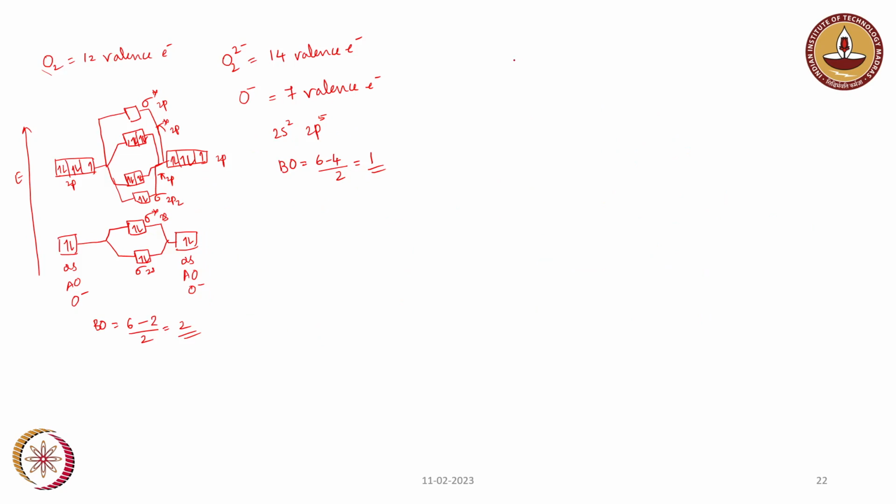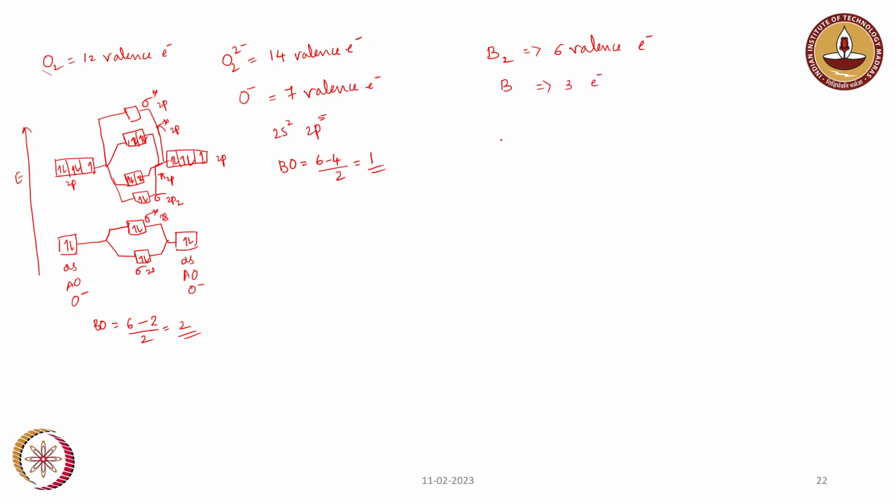In B2, there are a total of 6 valence electrons. Each B will have 3 electrons.